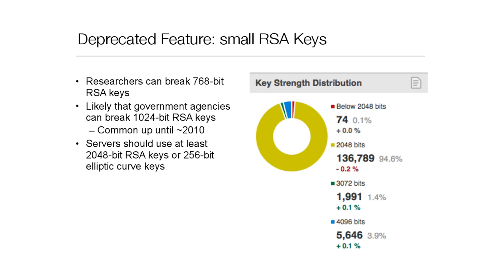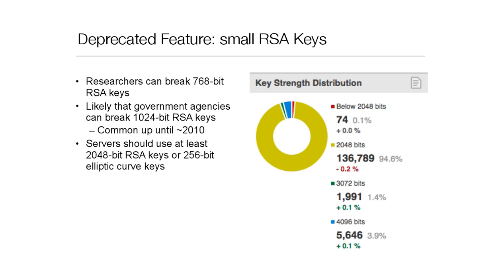So even though in theory RSA is secure based on the mathematical hardness, the computational hardness of the RSA problem, we cannot say the RSA scheme is secure because researchers now can break 768-bit RSA keys.